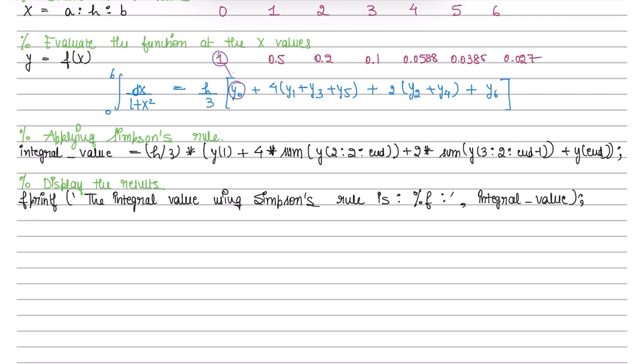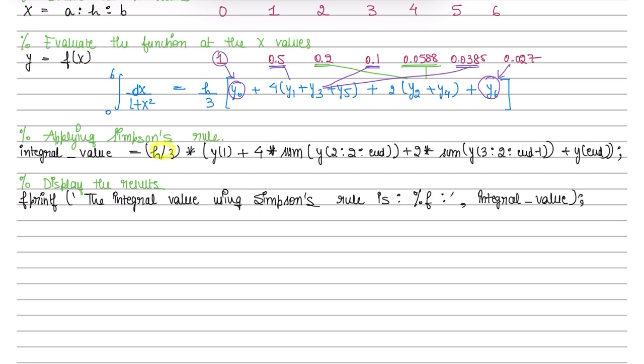The y naught value here is 1 and the last term is this. Now we need to add the odd terms. The odd terms here are y1, y3 and y5, where the even terms here are 0.2 and 0.0588, which will be added here and the odd terms will go in here.